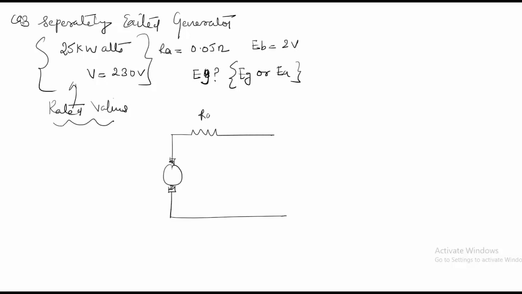So this is my RA, which is equal to 0.05 ohm, and this is my plus or minus, and this is my EG, which is being generated, and minus or plus you will be having your EB, which is equal to 2 volt. So that is a brush contact drop, and this is my voltage which is rated, which is equal to 230 volt.